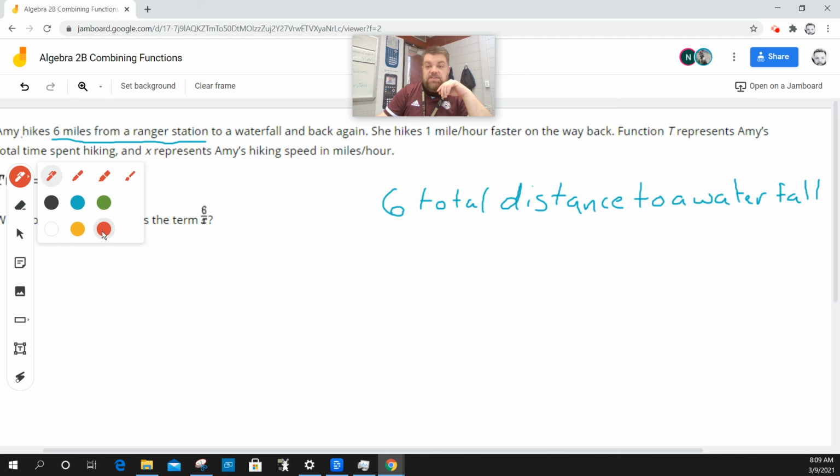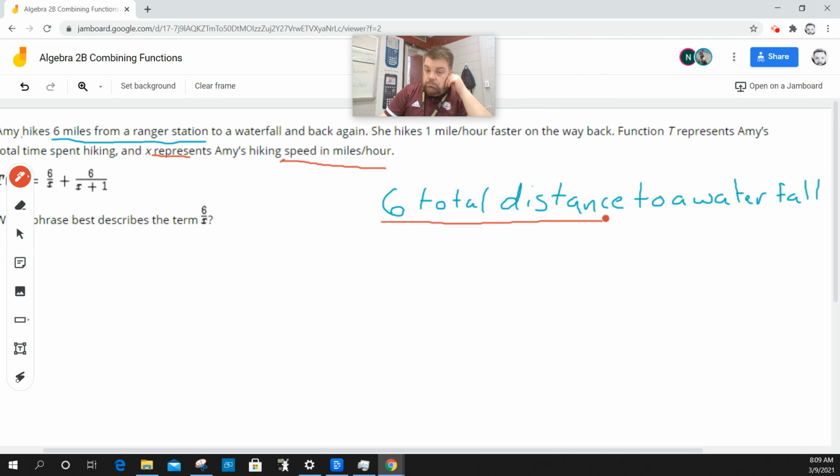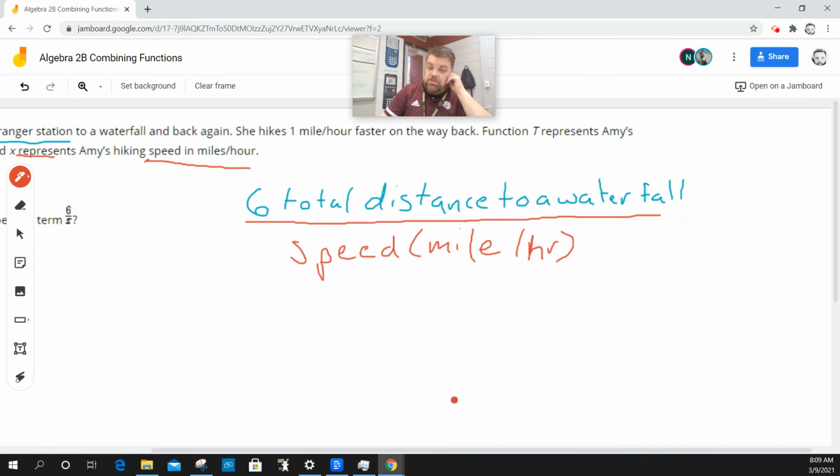And now the X, what does the X represent? The X represents her speed in miles per hour. So there's a relationship.